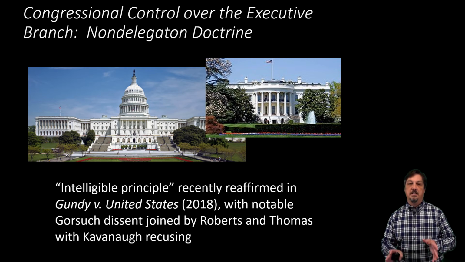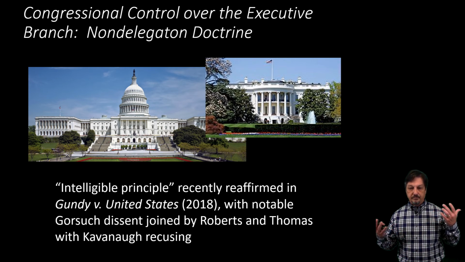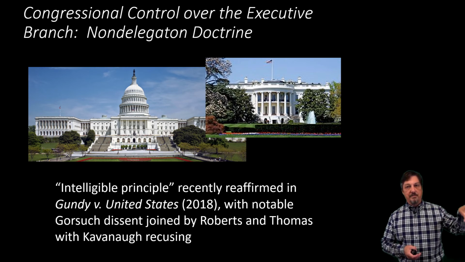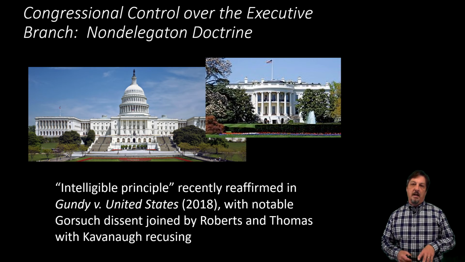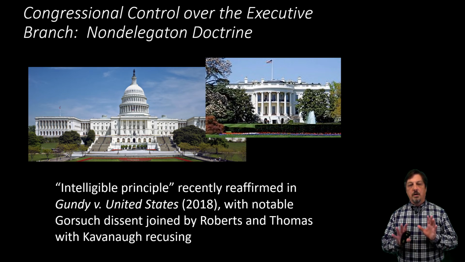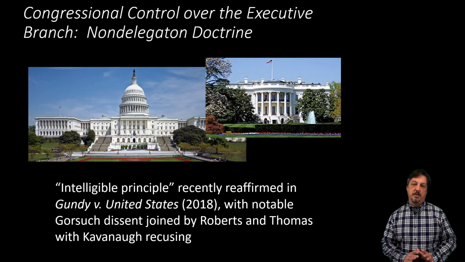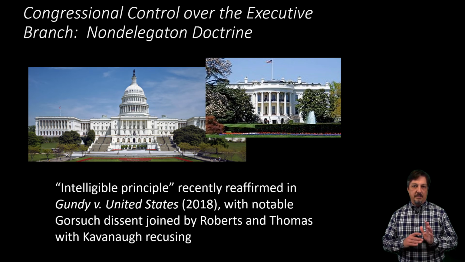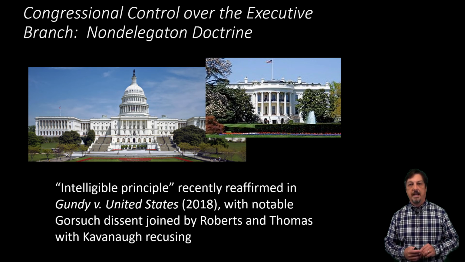In a very recent case of this past year, Gundy v. United States, that principle was tested in relation to a sex offender notification statute. So just note for now that the majority of the court reaffirmed the intelligible principle standard and upheld the particular statute and regime that was at issue in that case.